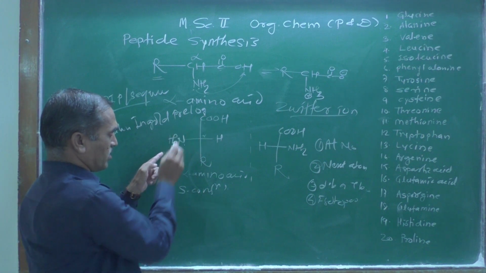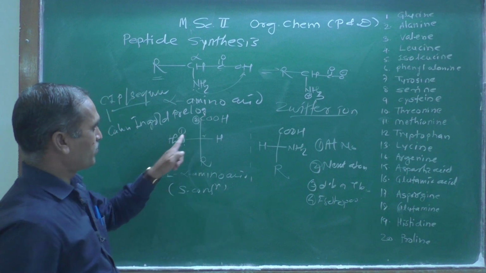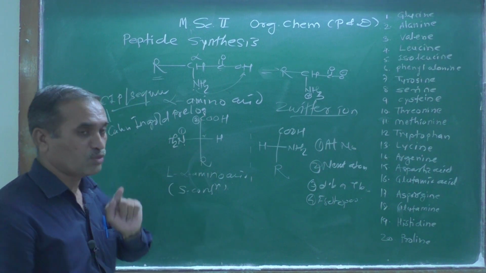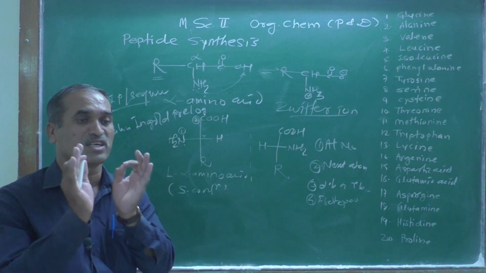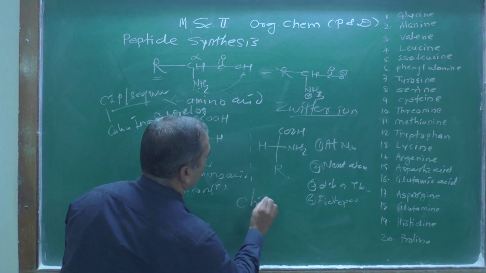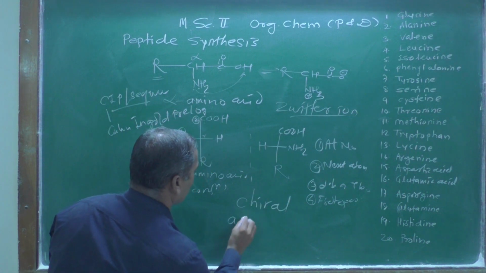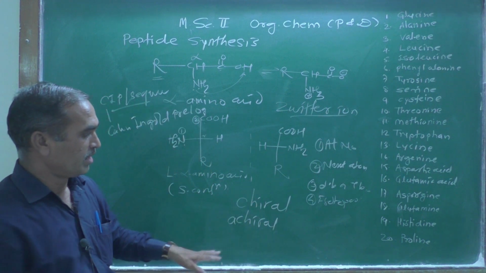This is the nitrogen atom and this is the carbon atom; one will get the first priority, the other the second priority. Now if R is equal to a hydrogen atom, that molecule becomes achiral. Remember, chiral means what? Chiral, and the second one is achiral. Both are totally different.